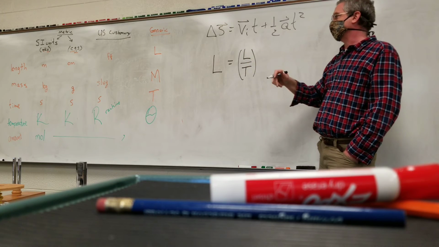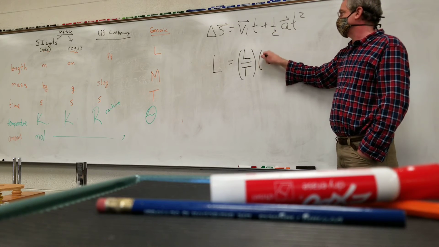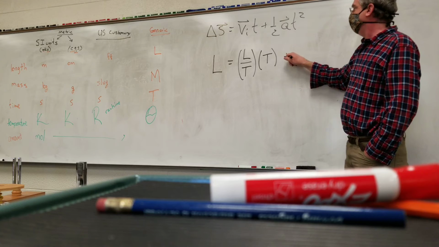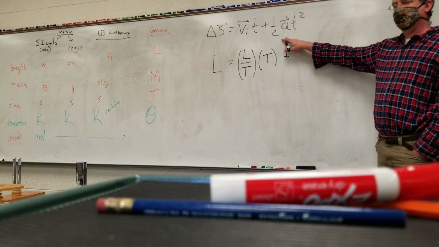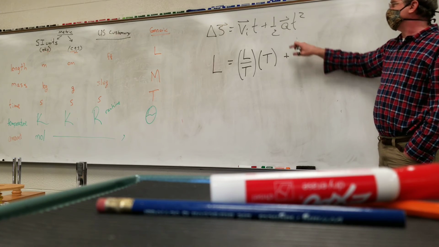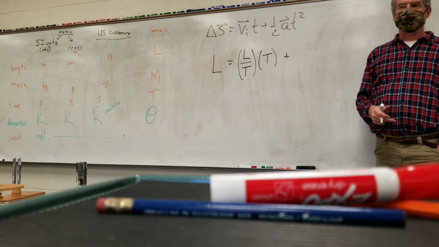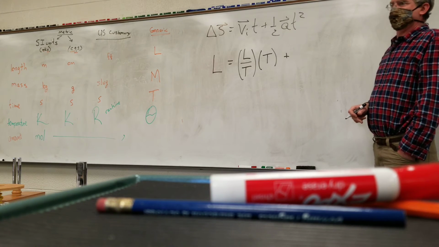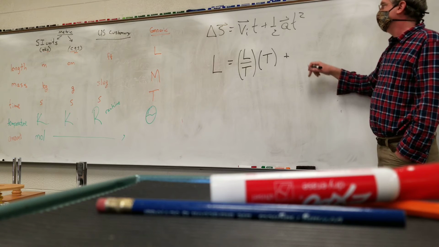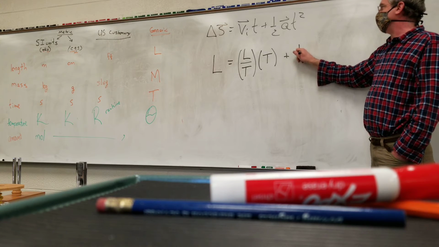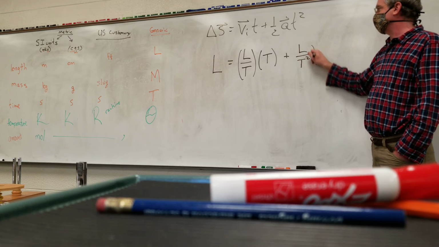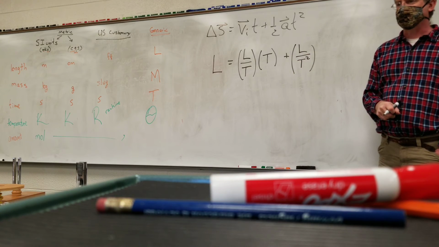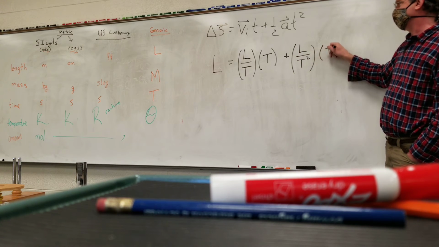That's why we go with capital T. Time, that's just T. One half has no units, so I'm not worrying about that. Acceleration is something like meters per second squared or feet per second squared, parsecs per year, hour. But generically, it is some length over some time squared. Those are the generic units for acceleration, and time is time squared.